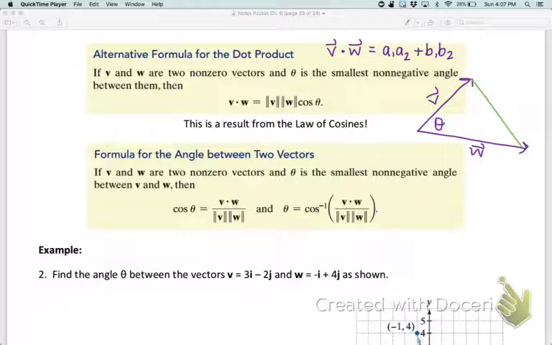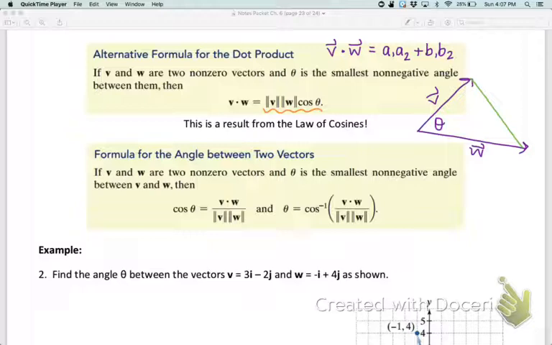You can use the magnitude of V and the magnitude of W as those two side lengths, and then theta is the angle that's in between. So you can use a squared plus b squared minus 2ab cosine c, which is the law of cosines, and apply it to this triangle. And what you end up with as a result is this relationship right here for your dot product.